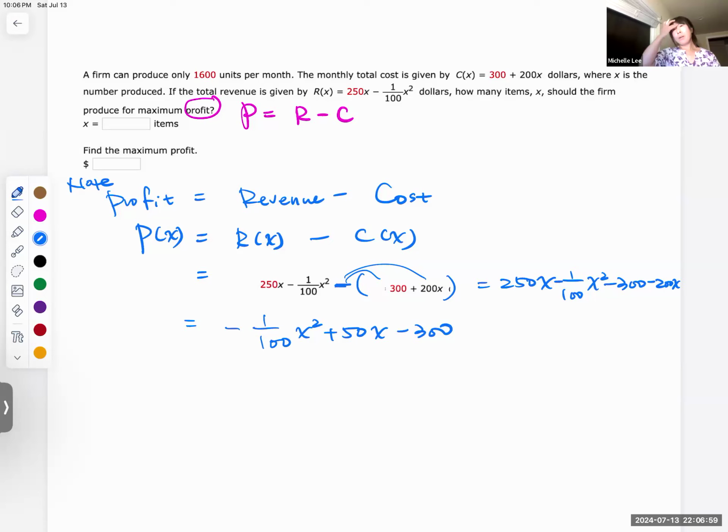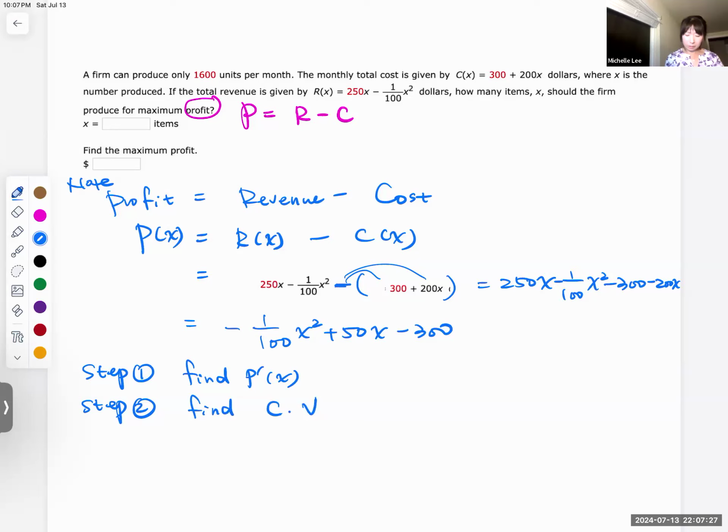Okay, so maximum profit, we have to find out, same process, looking at the critical value. So step 1, find P prime of X. Step 2, find critical value.